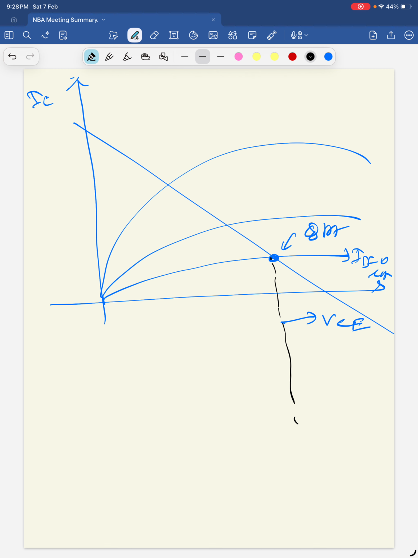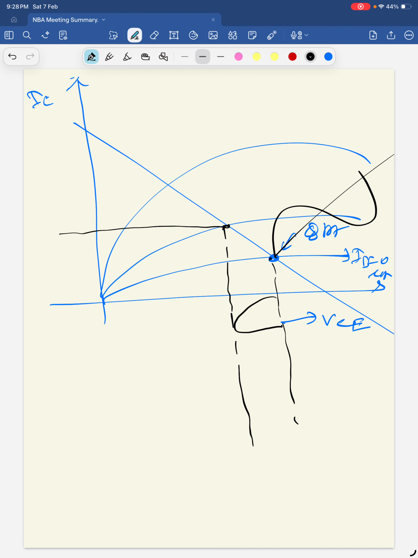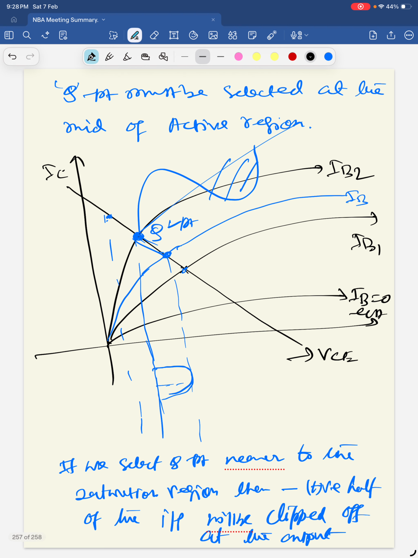Now take the base current variations, suppose the base current is changing like this. So for the positive half, no problem, it will go up to this, suppose. So in that case we are getting VCE, and correspondingly IC will also be there. Here also we can draw the collector current.